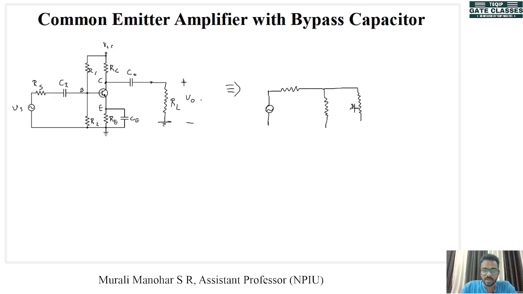There is R pi, then there is the current source, which is the voltage controlled current source, gm into VBE, and the output resistance Ro. Now this is the base, this is the emitter, and this is the collector.